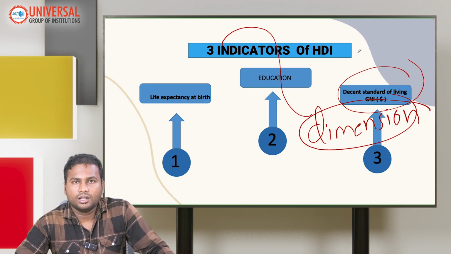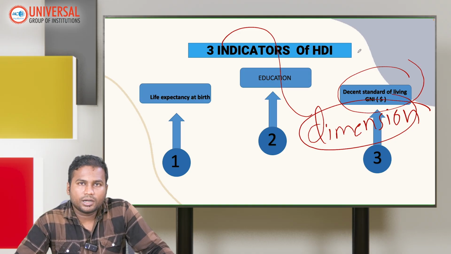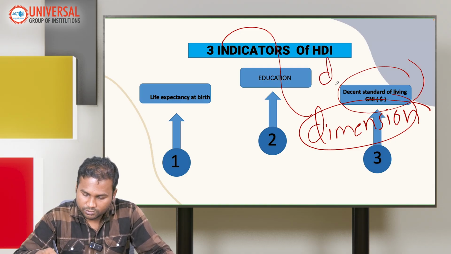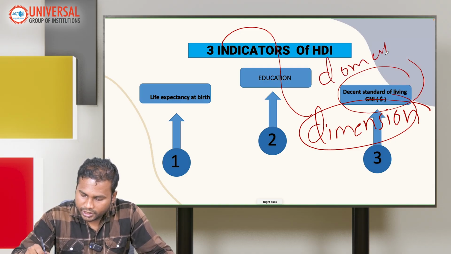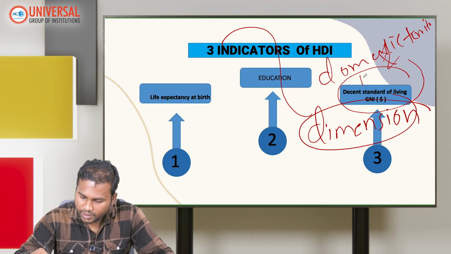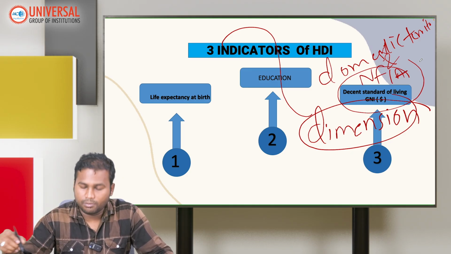GNI is nothing but the total income earned by the residents of an economy in a national territory. National territory is nothing but the domestic territory and net factor income from abroad.